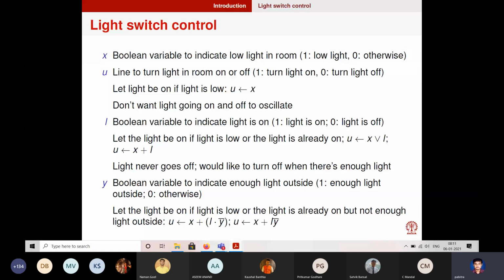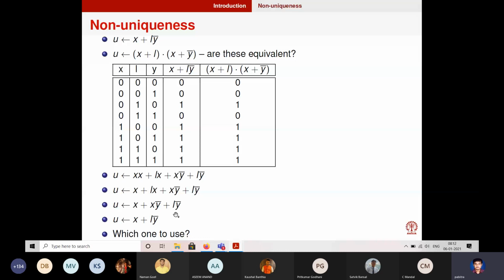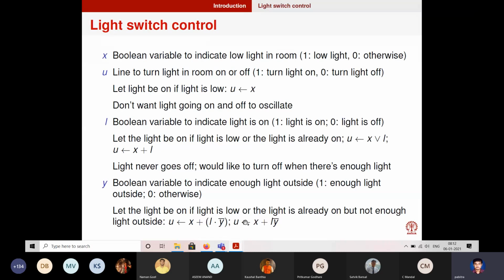So if we read the line, if the room light is low, or the light is already on but not enough light outside. The fact that the light is already on but not enough light outside can be represented by L and complement of Y, L and Y bar.